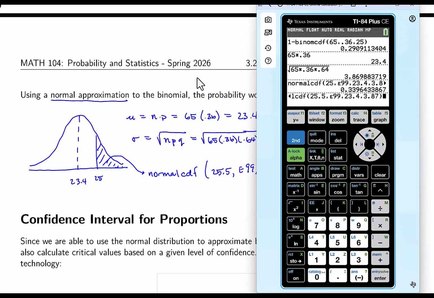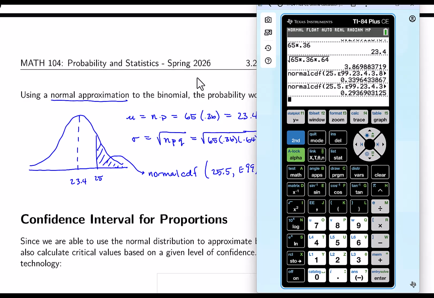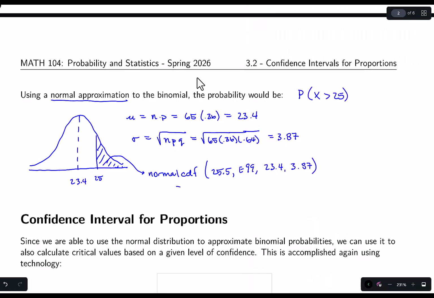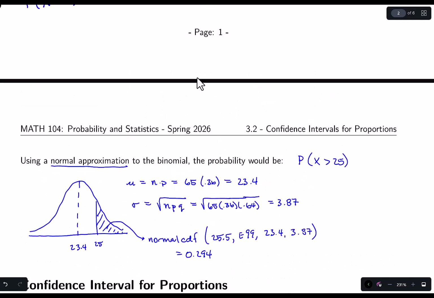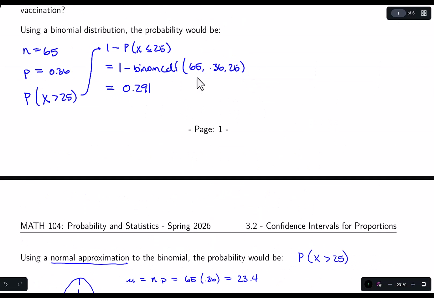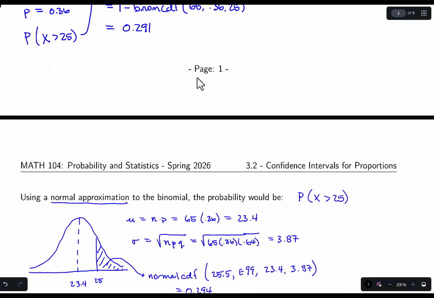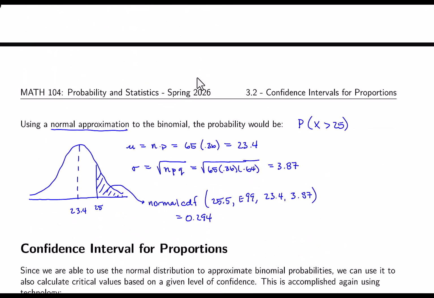So if we run this, we get 0.294, which is a lot closer to the probability that we were supposed to come up with, which is 0.291. So that continuity correction is important here. But that's just there to show you how well normal distributions can approximate binomial distributions.